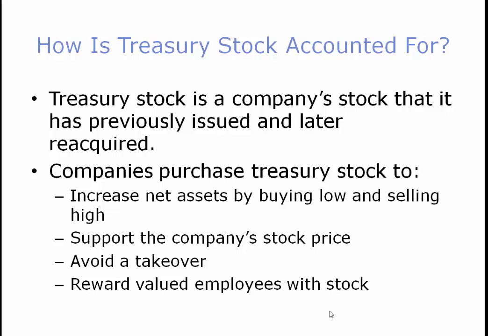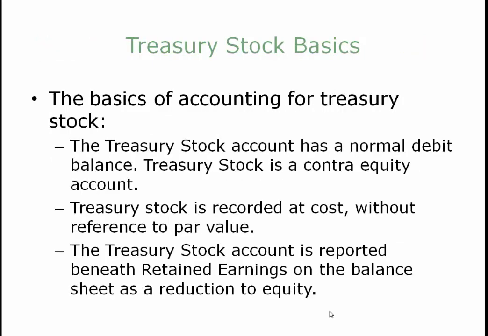And the last one, where it says reward valued employees with stock? Some companies have what they call employee stock ownership plans. In abbreviation, you might hear sometimes it's called an ESOP. And what they're doing is they're buying shares of stock and they're going to turn around and resell them to you. What's the basics? As we talked about earlier, it's a contra equity account.